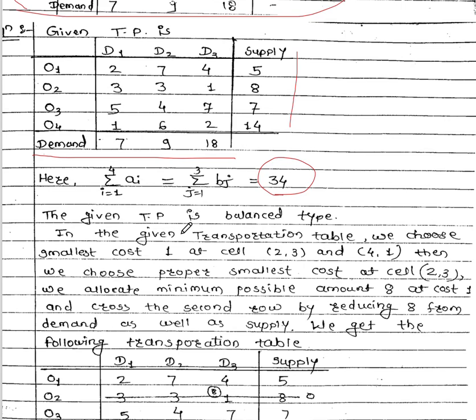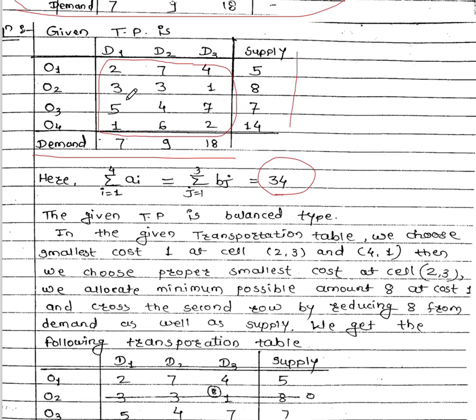Okay, so what is the next step? In this method we have to find the minimum cost in the given transportation table. So these are the elements, and from these we have to select the minimum cost. We have to select the minimum element, that is 1. So here is 1 and here is 1.